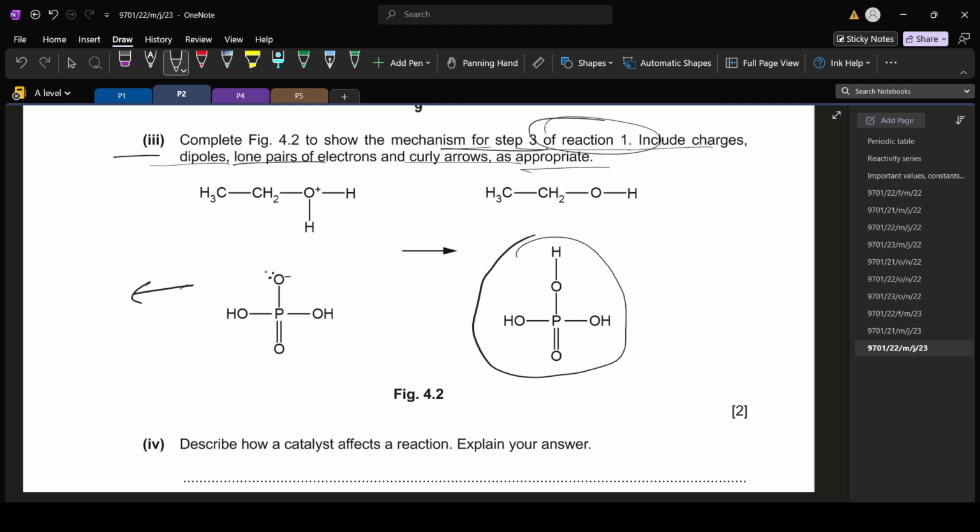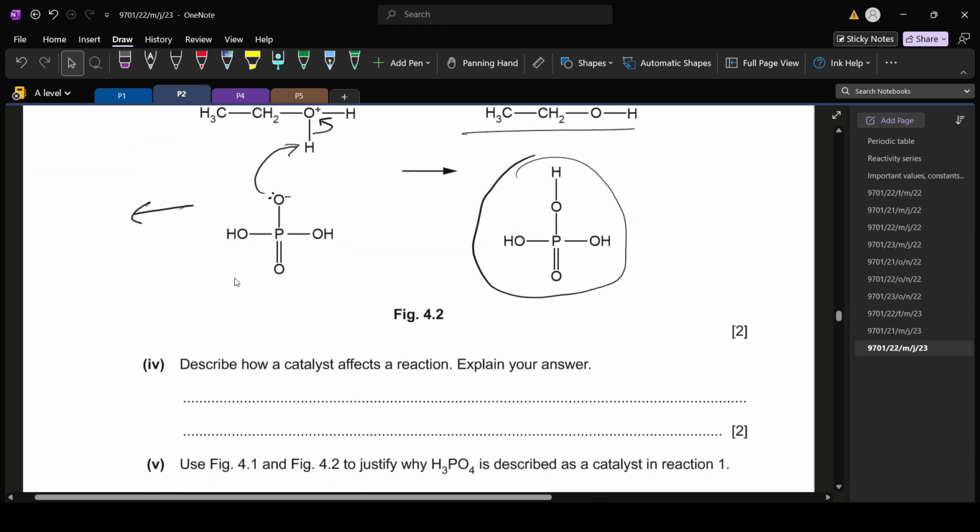This hydrogen will lose its electrons to oxygen, and it will form a positive ion, so it will form this ethanol, and this phosphoric acid will be regenerated. So that's your final mechanism.